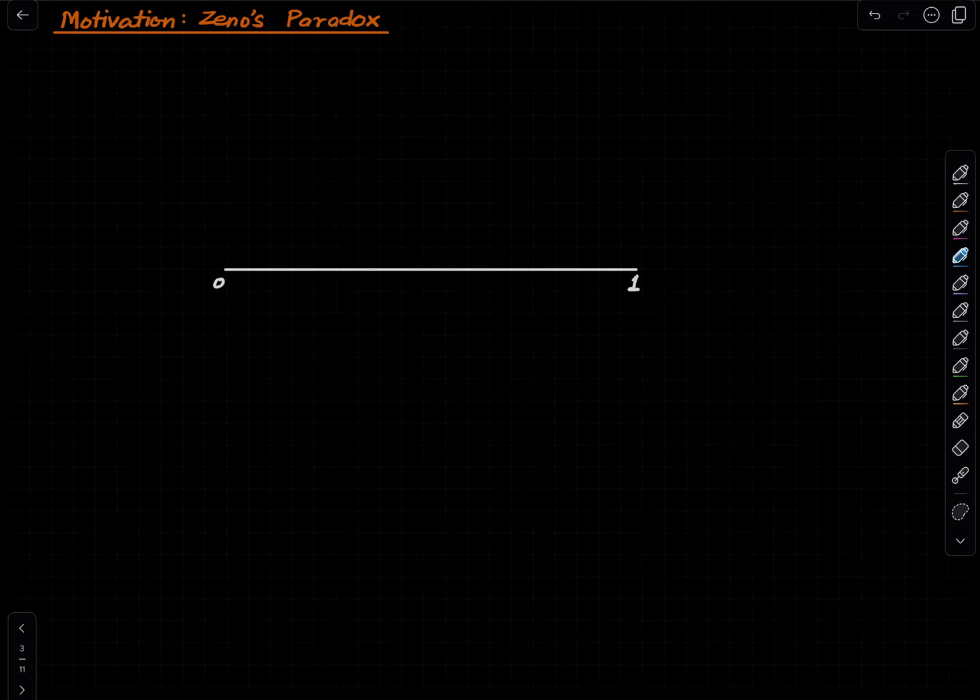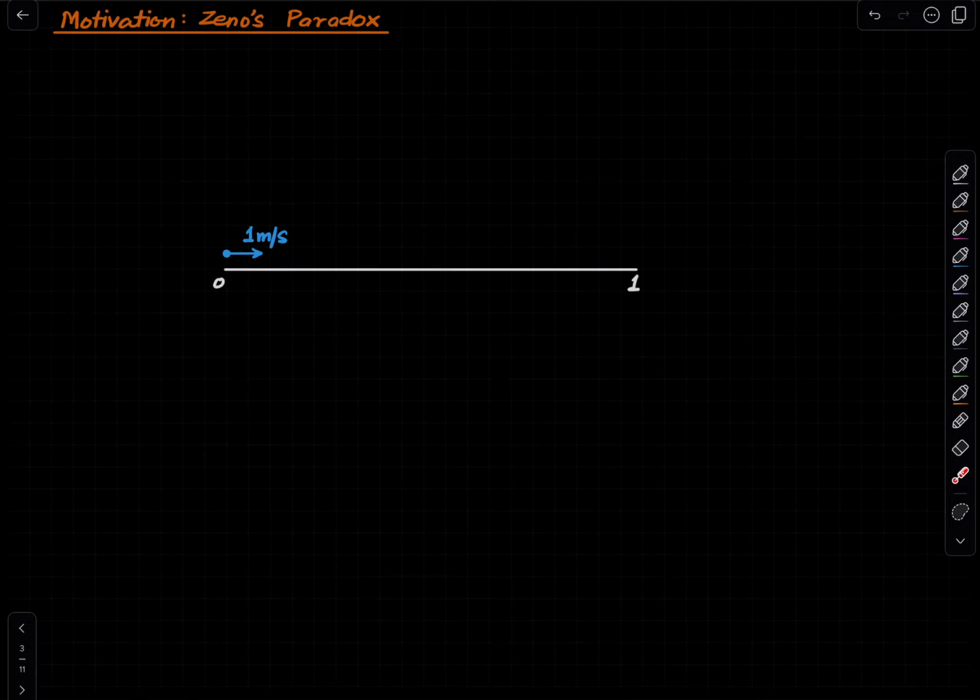And suppose there is some snail here, which I'm representing as a blue dot. So there is some snail who starts at the left end point and who travels at 1 meter per second. So this whole thing is 1 meter apart, meaning from 0 to 1, it is 1 meter. And the snail travels at the speed of 1 meter per second. It's a very fast snail, come to think of it.